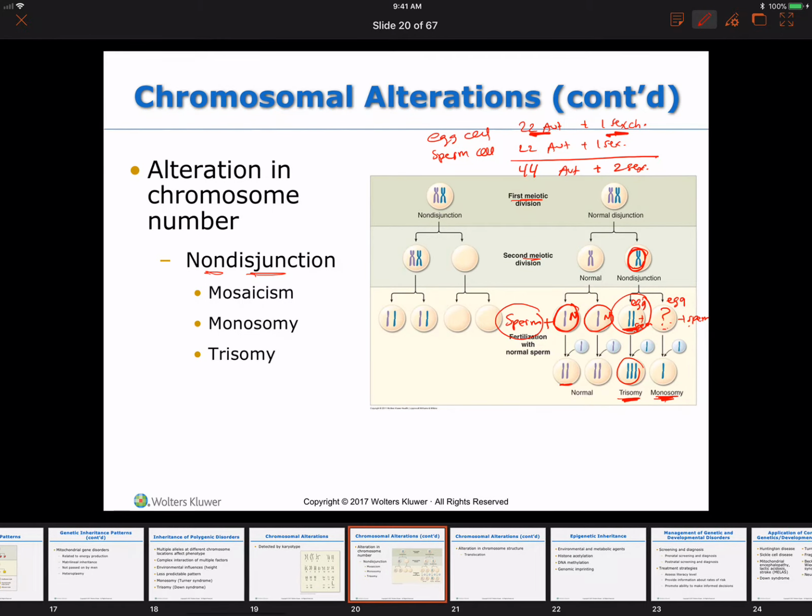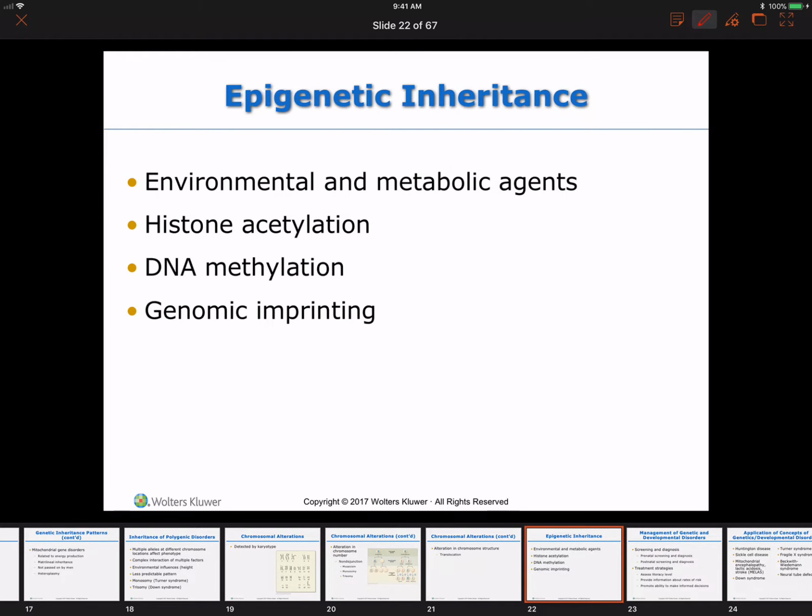Other terms that we may encounter in terms of what affects our genetic material: there are the environmental and metabolic agents, and histones. Histones are proteins within the DNA. They could undergo chemical reactions like acetylation.